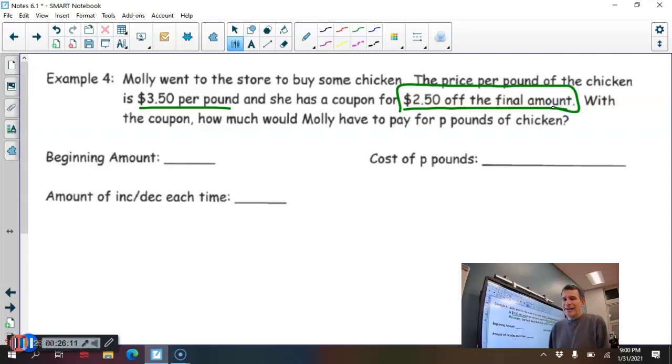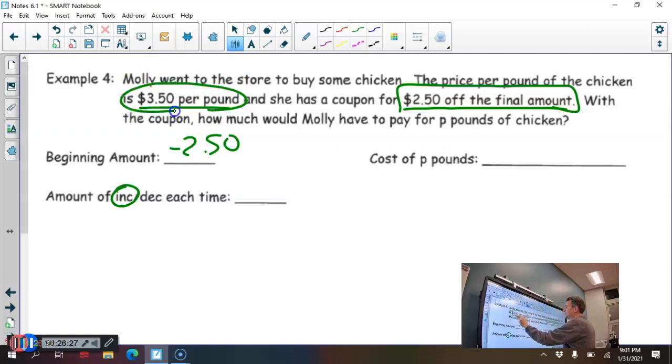So this is what I want to point out to you. Her beginning amount is actually negative $2.50. And she's going to increase by, for every pound she buys, the price goes up by $3.50. So it's increasing by $3.50, right, per pound.